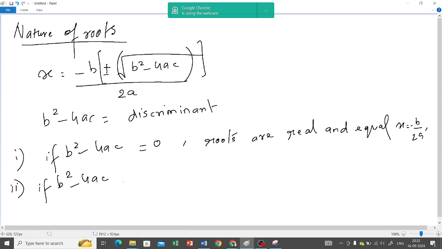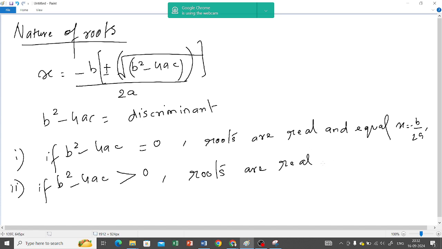If b square minus 4ac is greater than 0, that means this internal portion is greater than 0. So roots are real, of course, because inside root we have a positive value.